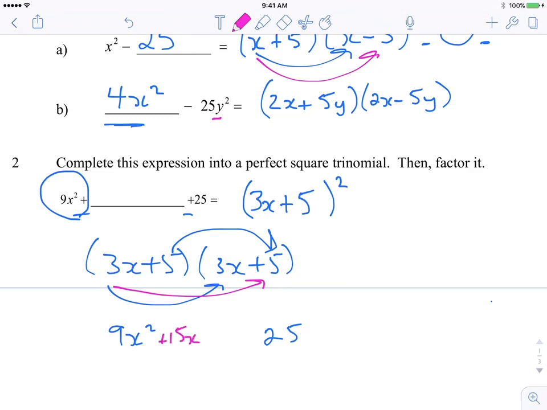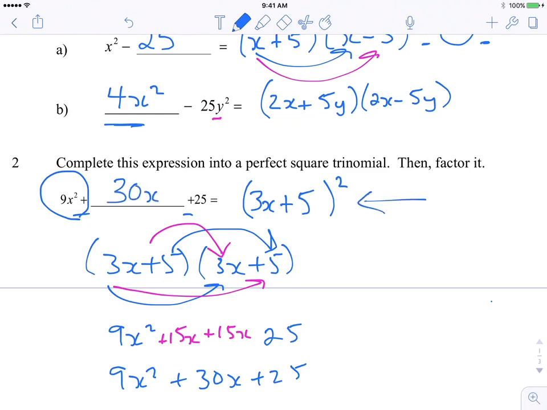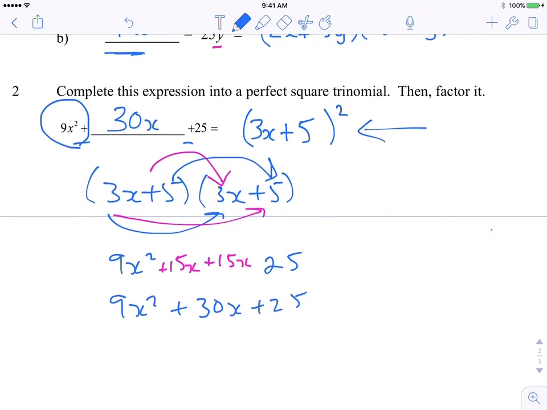And then we have a 5 times 3x, and that gives us another 15x. In this case, we end up with an answer of 9x squared plus 30x plus 25. So we're going to say that this is 30x. And the factored form of it is right there, 3x plus 5 squared. It's the simplest way of writing this one.